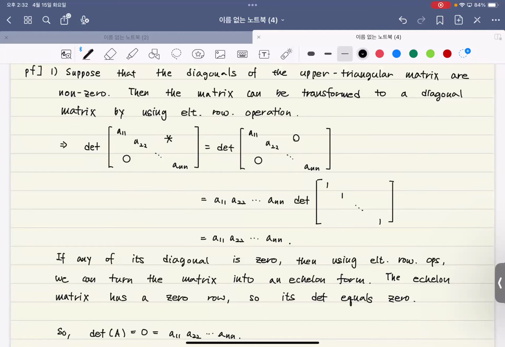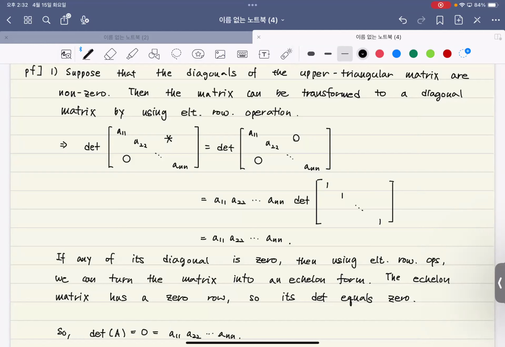If you can turn your matrix into the upper triangular matrix without any row exchange, then that is good. Then just multiply all those diagonal entries of the upper triangular matrix. That number is going to be the determinant of your matrix.